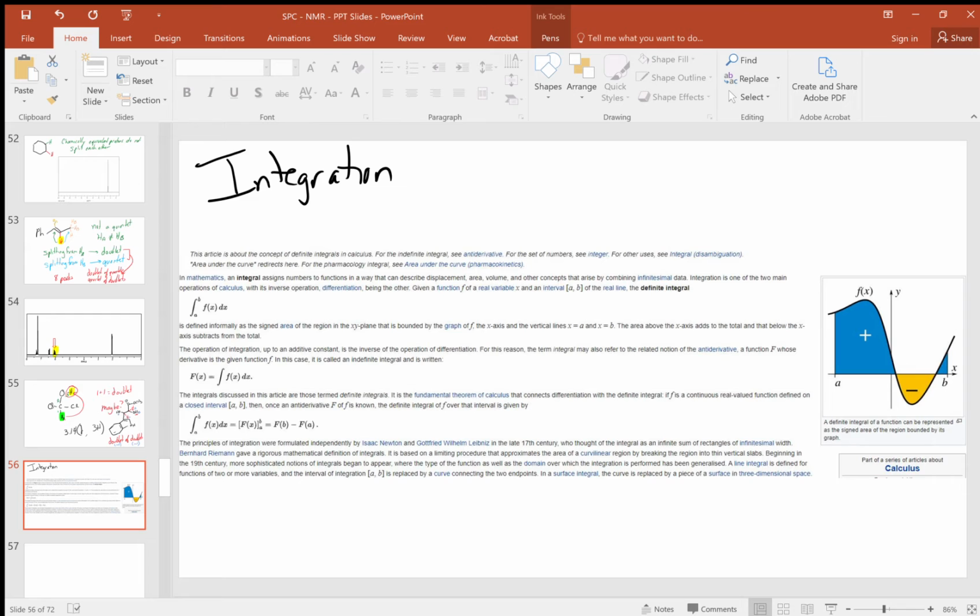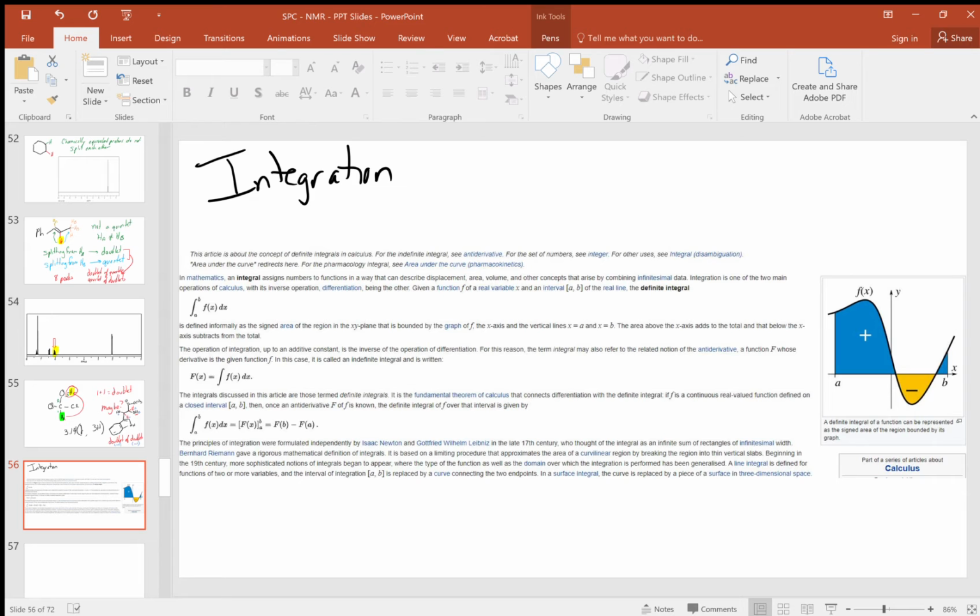Now, that's not something we're actually going to sit here and do the math for. That would be incredibly tedious and time consuming, especially given the shape of some of these peaks. But fortunately, the software that we have for NMR spectroscopy does this calculation in not even a second or two.